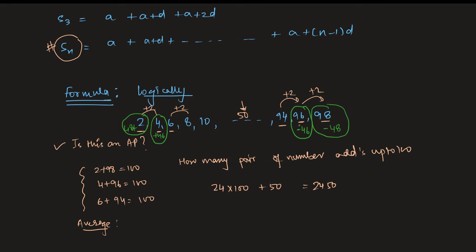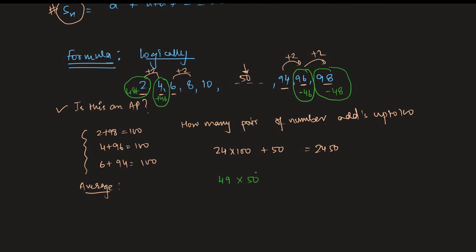So how many 50s would be there in this series? That would be 49. So 49 times 50 will also give you the same answer. If you multiply 49 into 50, this also gives you 2450.